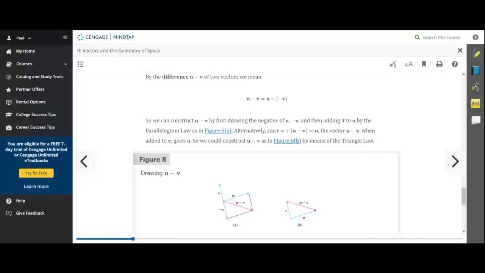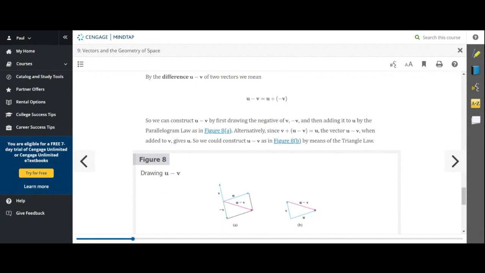And remember, you can use the zoom feature on the right if you want to blow it up. So now is figure 8a a little better? Yeah, it makes sense. You just translate u to another parallel area. That's right. That's exactly right.